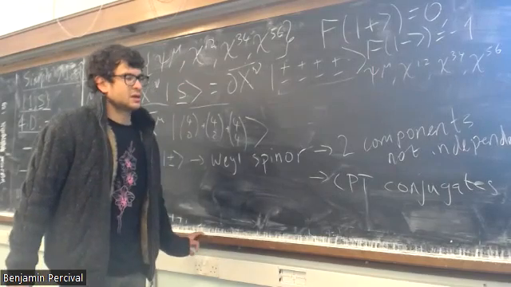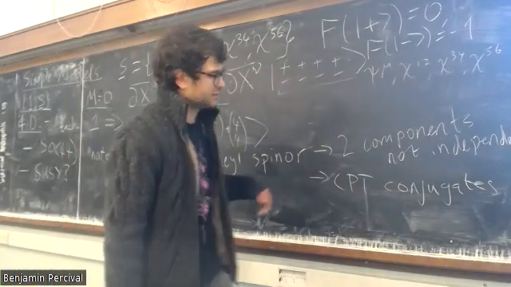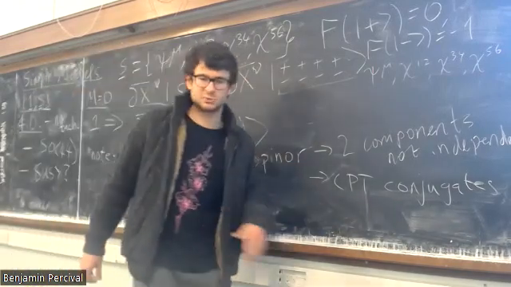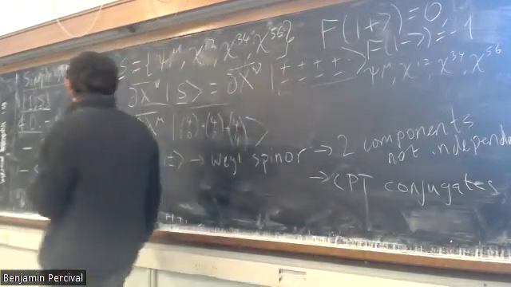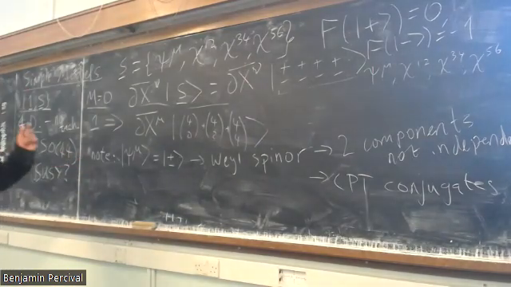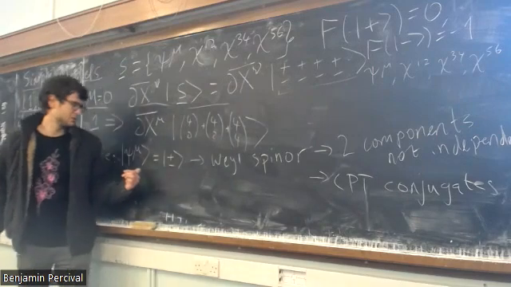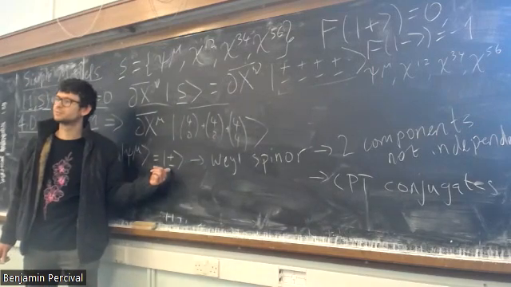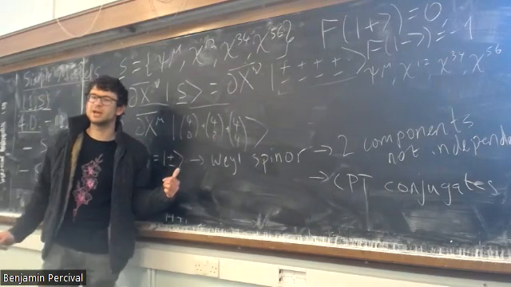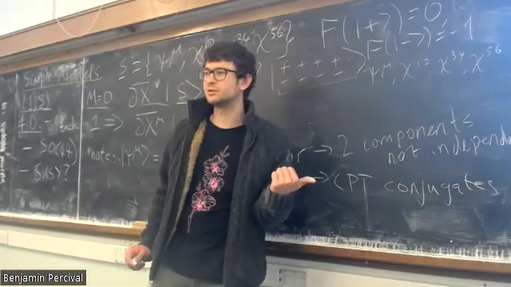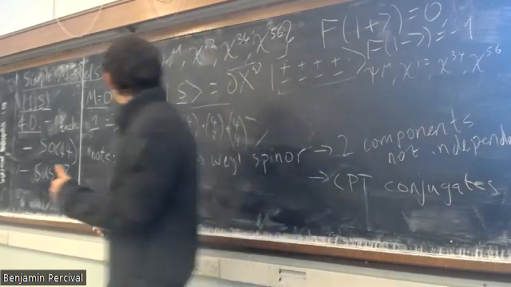So if you flip these around, you get the two components by CPT conjugation, which means they're not independent. So what we can do is just fix psi mu to plus, and the minus we'll just ignore and say it's the CPT conjugate. So we just take the plus.